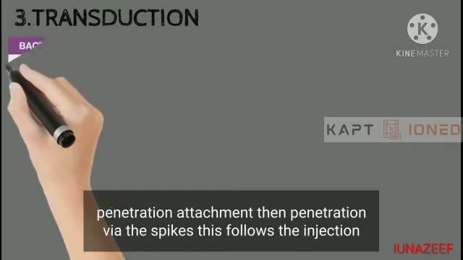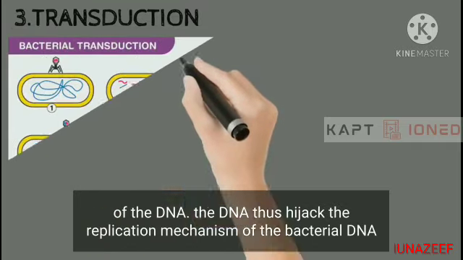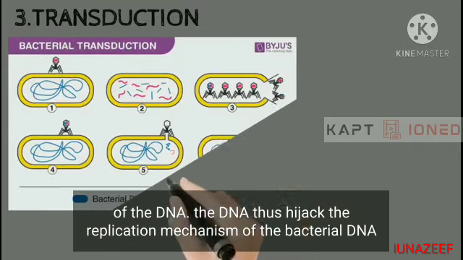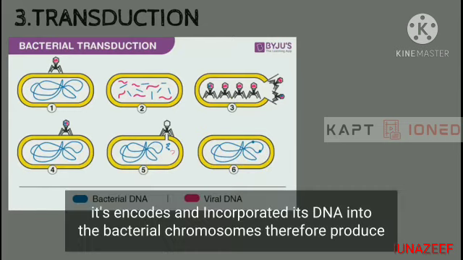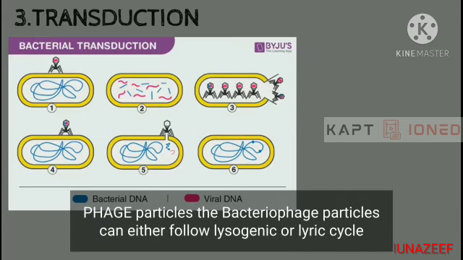This is followed by the injection of the DNA. The DNA in turn hijacks the replication mechanism of the bacterial DNA. It is encoded and incorporated into the bacterial chromosomes, therefore producing the phage particles.